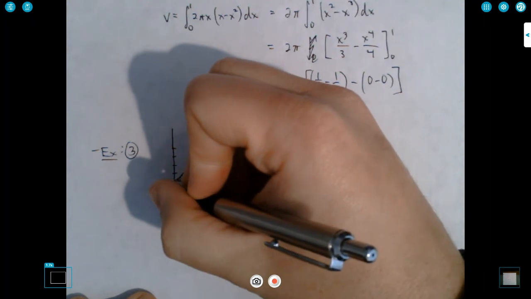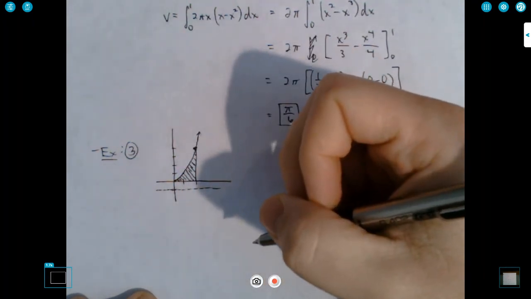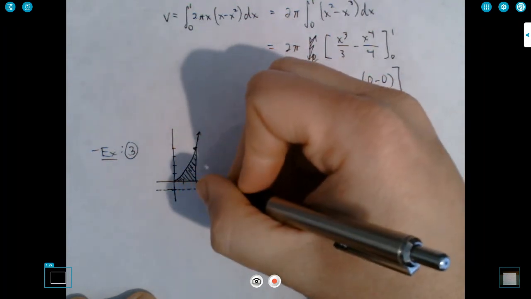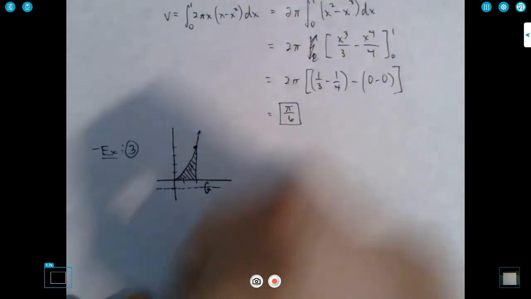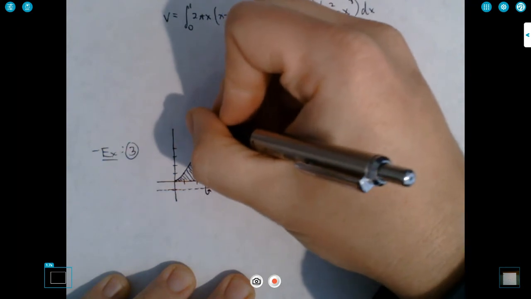So this is going to be our axis of rotation. So we're going to go like that. This is y equals x squared.